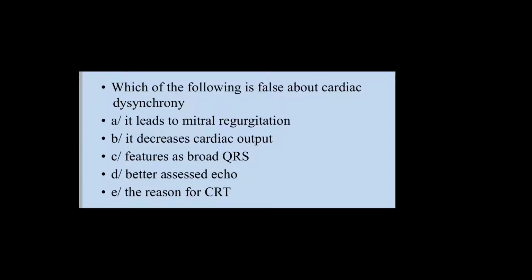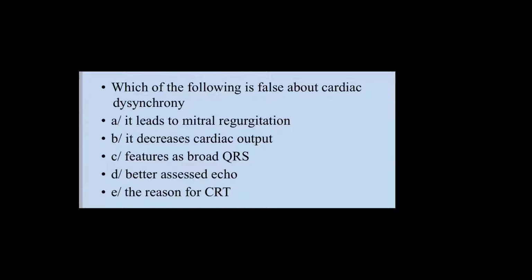So that's a problem, and it features as broad QRS complex, and this is basically the criteria used by the recommendation for eligibility for CRT, which is QRS complex more than 120 or left bundle branch block, right? And that's why we do CRT. The indication for CRT is an ejection fraction lower than 35, symptomatic patient despite optimal medical therapy, and ECG eligibility.